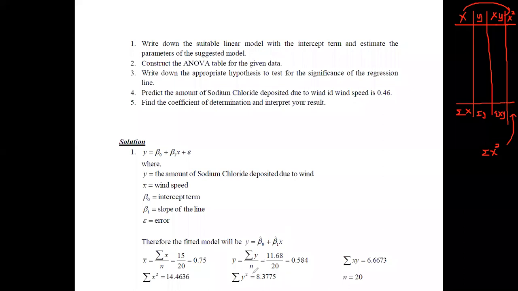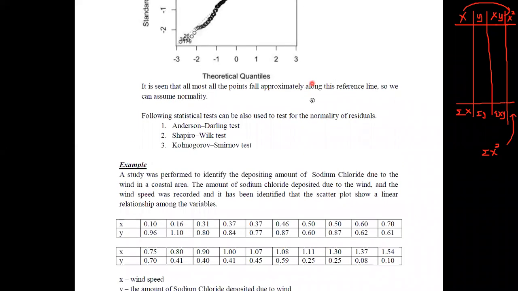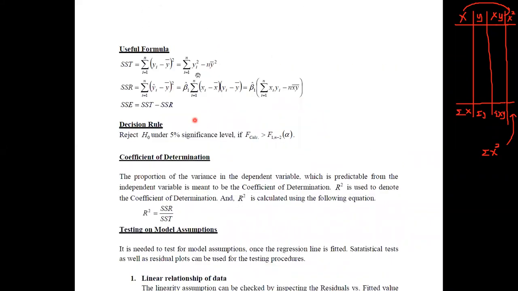Likewise, I have obtained the summation of y squared also, but we will see whether all these are needed for the calculation. If you look back at the equation we have obtained, to get this ANOVA table we need the summation.